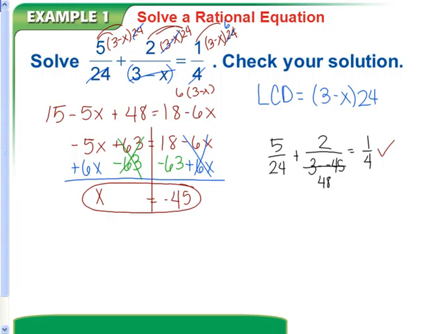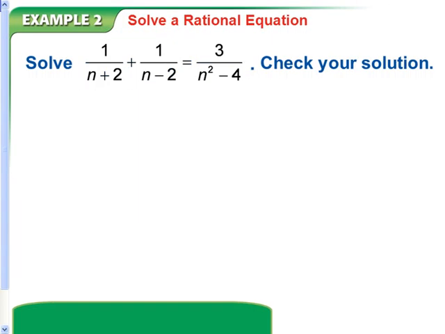All right, let's do one a little bit more complicated. So we need to find the least common denominator for this one. Now in the past, they were all completely factored first, but this one we're going to need to factor. So we're going to take a look at this denominator right there, and hopefully we can recognize it's n plus 2 and minus 2.